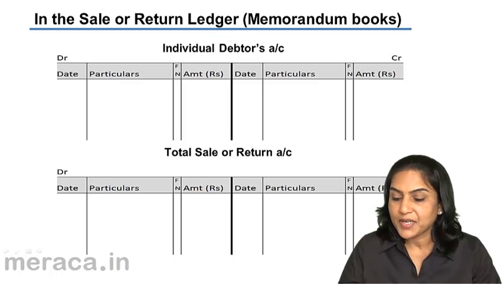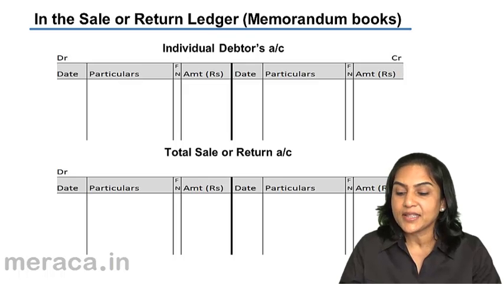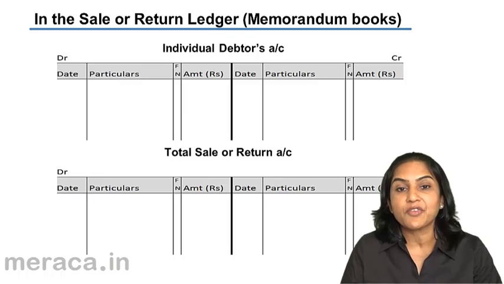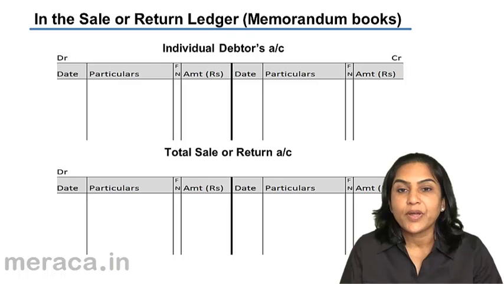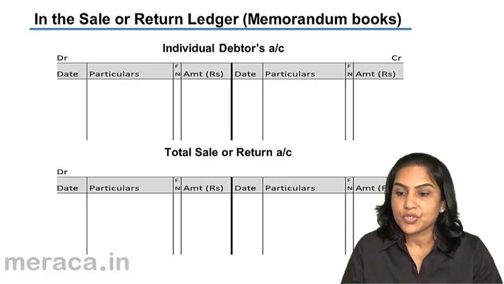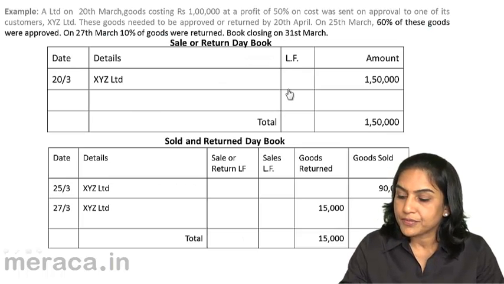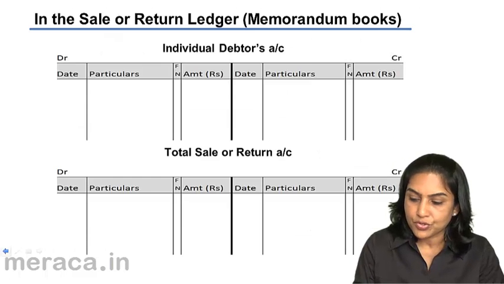The posting, as we discussed, this is the ledger account, again maintained in the sale or return ledger. Individual debtors accounts are debited whenever goods are sent on approval. It is credited whenever goods are returned or whenever goods are sold.